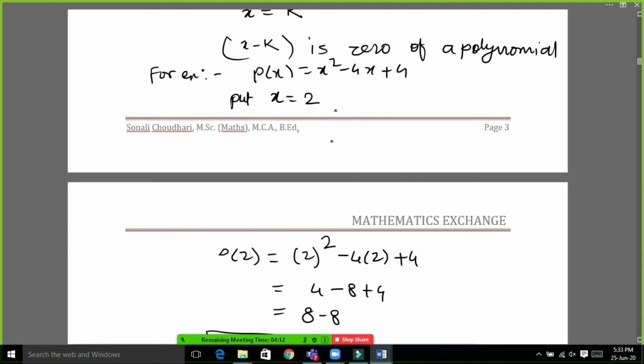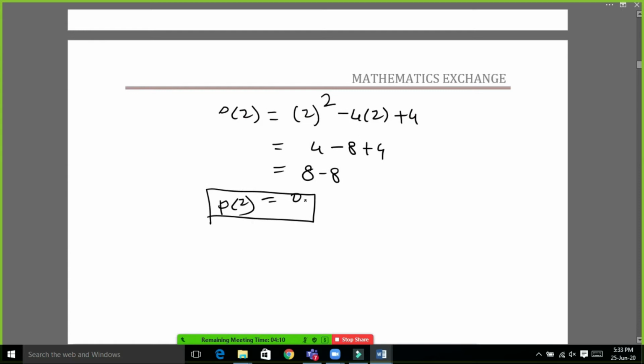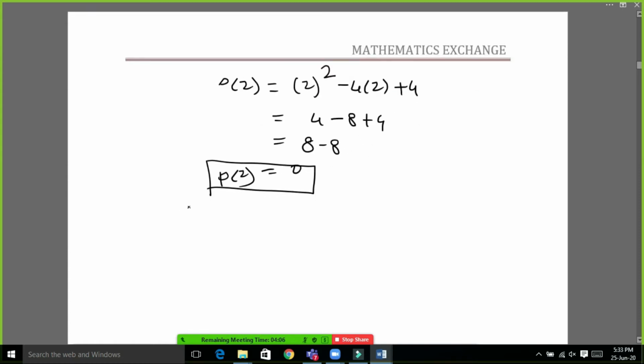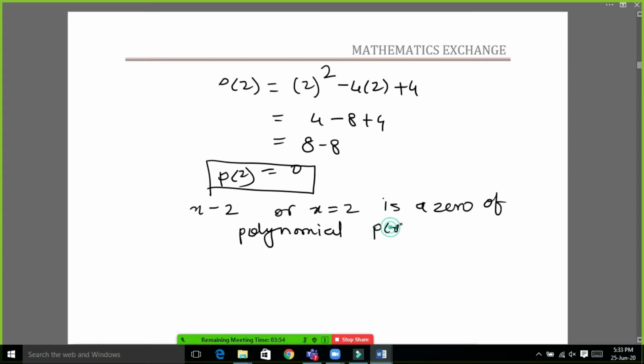So we write down here, therefore x minus 2 or x is equal to 2 is a 0 of the polynomial p of x. This is about the zeros of a polynomial.